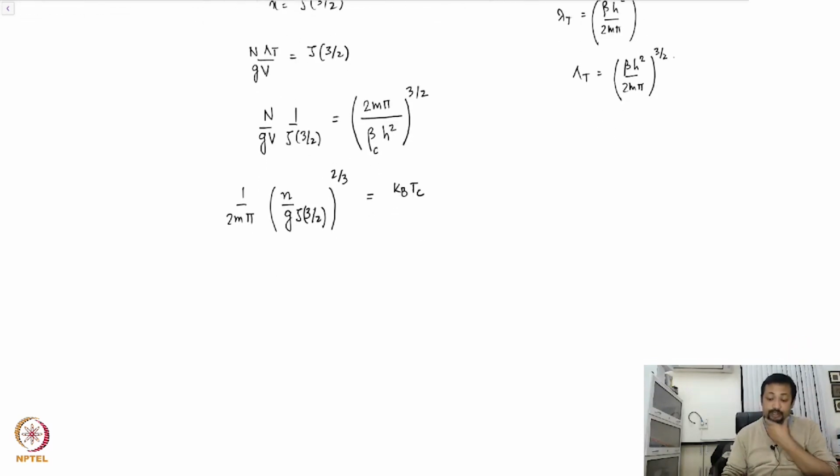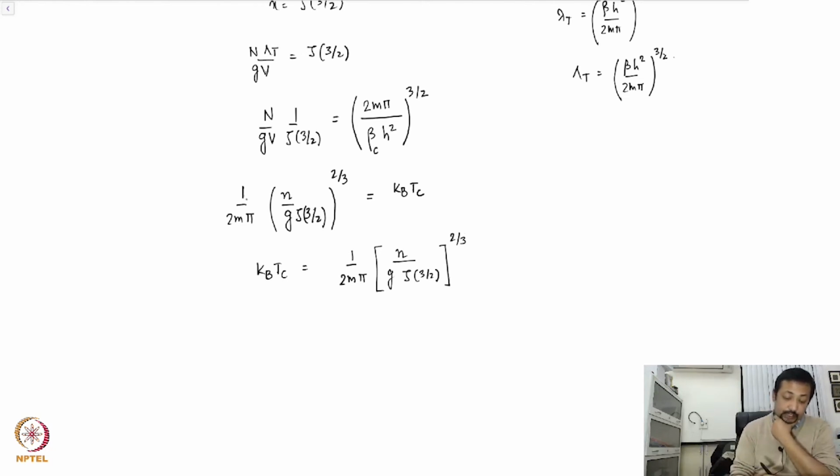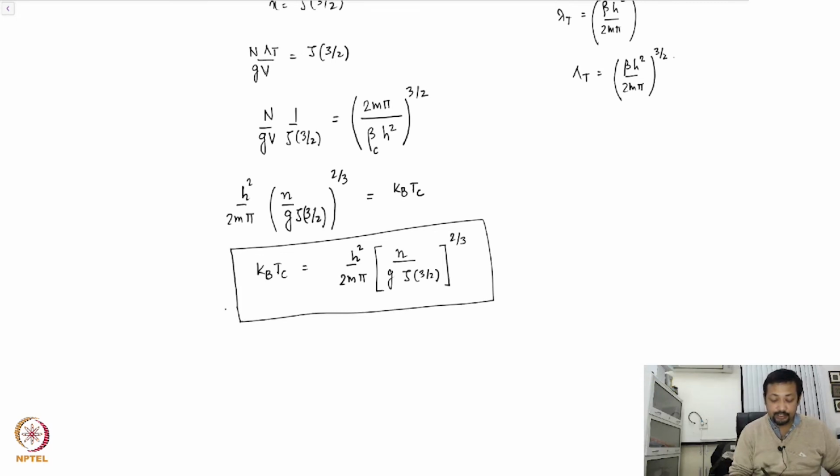So you have a critical temperature kb Tc, which is given by 1 over 2m pi times n over g times zeta of 3/2 raised to the power 2 by 3. I am missing out a factor of h square, so that this has to be h square in the denominator. So this is the critical temperature that you are looking at.